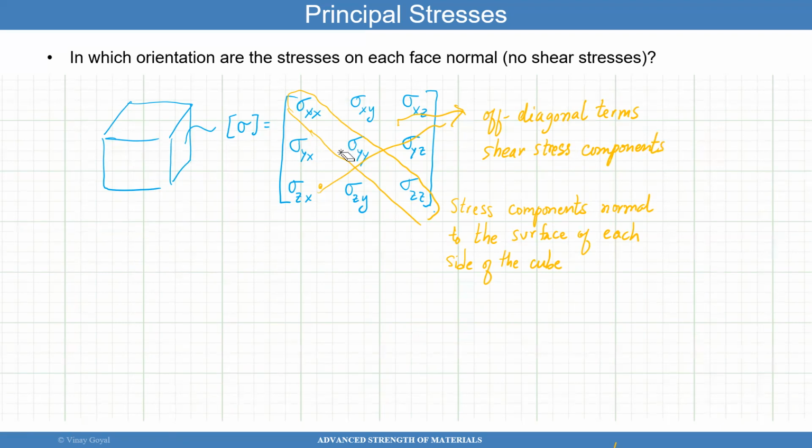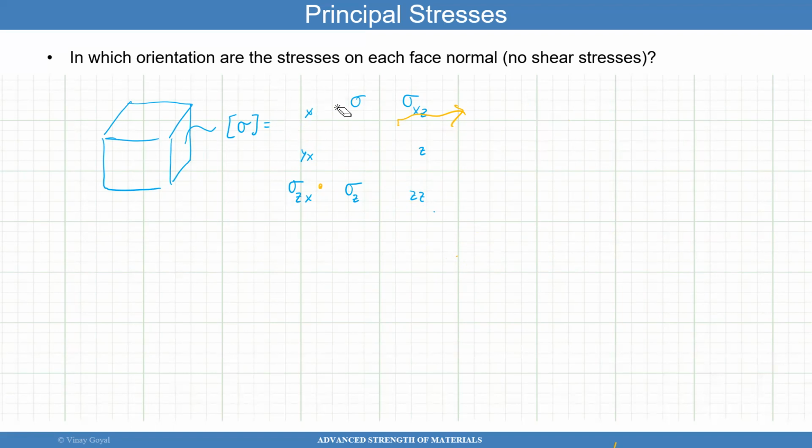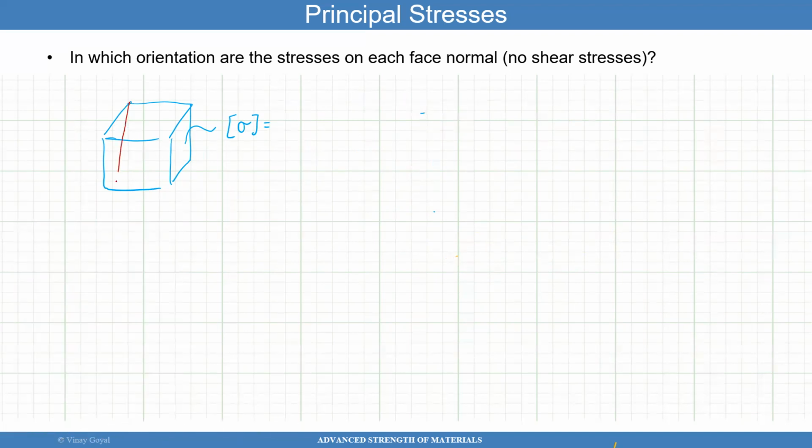What I'm asking right now is an interesting question that is asked quite often, and it uses failure criteria. It comes up a lot in the failure prediction of many different materials, especially brittle materials. It's very useful there too. What I want to do is determine if there is a slanted surface I can draw such that the only component of stress that exists is normal to this surface.